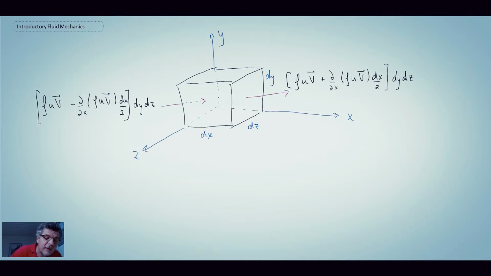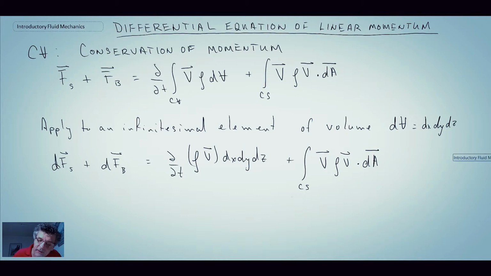And what we have is momentum flux into the back and out the front. We use the Taylor series expansion to do that, and in doing that, we're assuming that we are expanding about the midpoint of our little differential element.